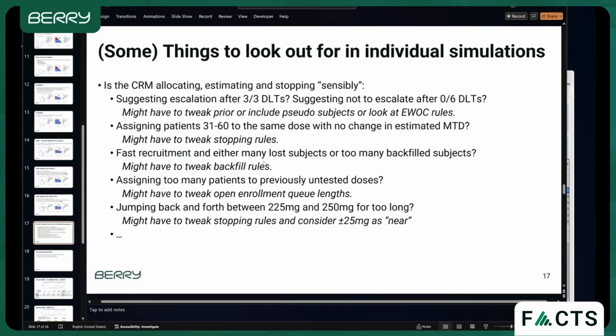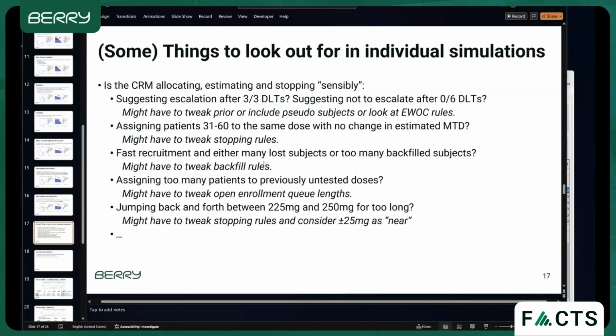Let's assume we put another 30 patients at 225 milligrams, because we allow up to 60 patients in this trial. But nothing happens anymore. The estimated MTD doesn't change. We've just assigned 30 more patients to the estimated MTD. And we certainly don't want that. If we're sufficiently sure at some point that 225 milligrams is the MTD, then let's just stop. Let's not assign more patients there. So if you see that happening in your simulations, then you know you have to tweak the stopping rules.